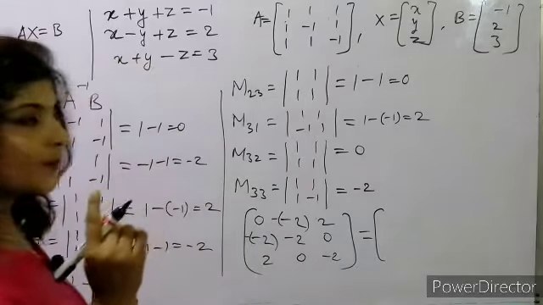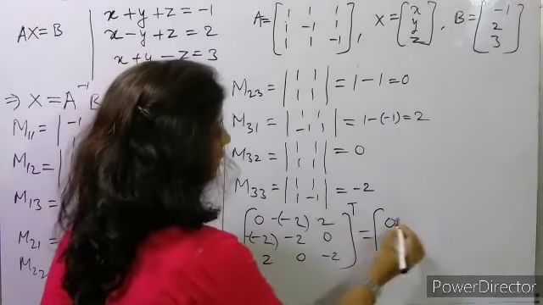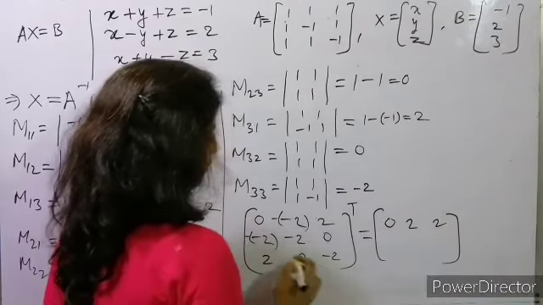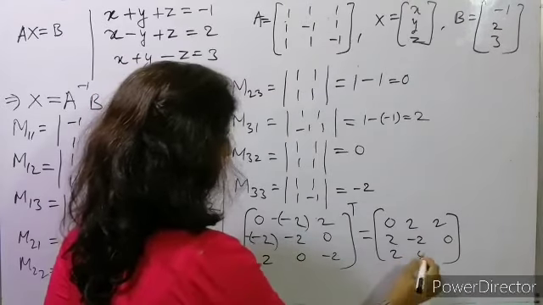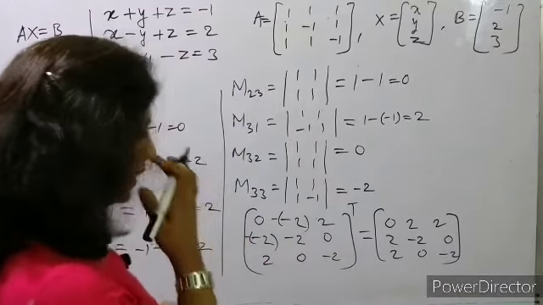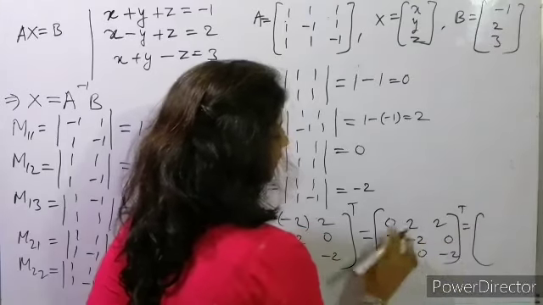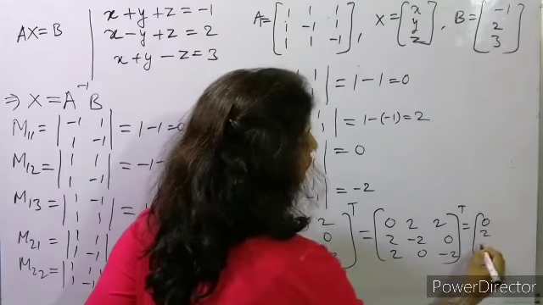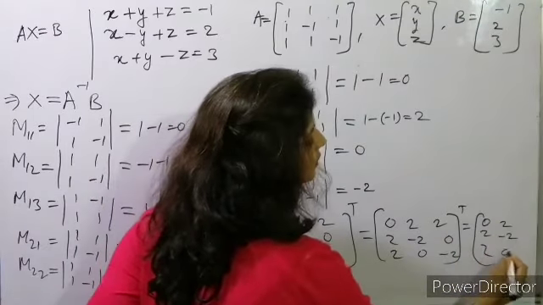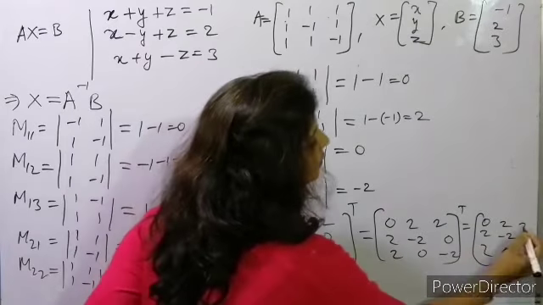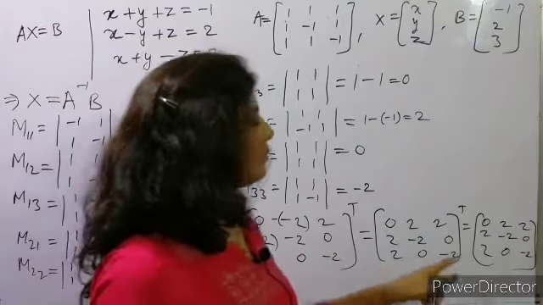The cofactor matrix is [[0, 2, 2], [2, -2, 0], [2, 0, -2]]. For the adjoint we have to find the transpose. So what will the transpose be? It is the same matrix.